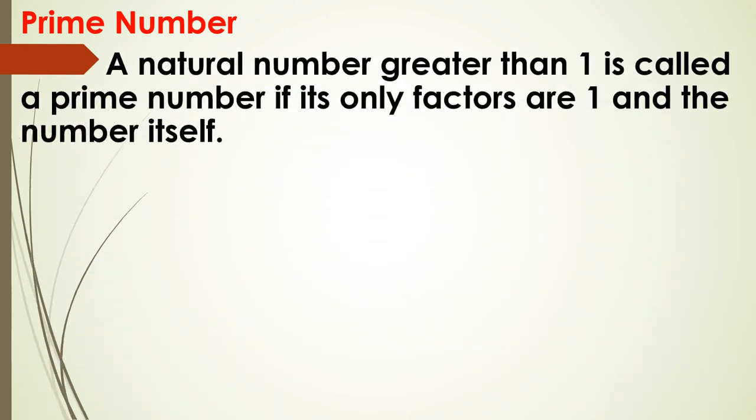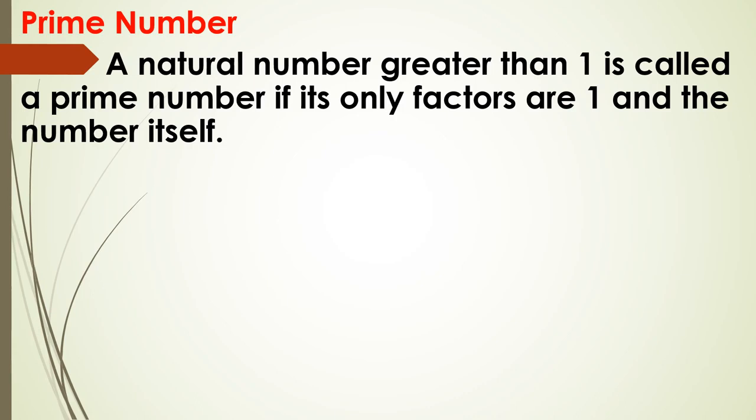Now next is prime number. Now listen to prime numbers very carefully. A natural number greater than 1 is called a prime number if its only factors are 1 and the number itself. Now all of you know how to find the factors.